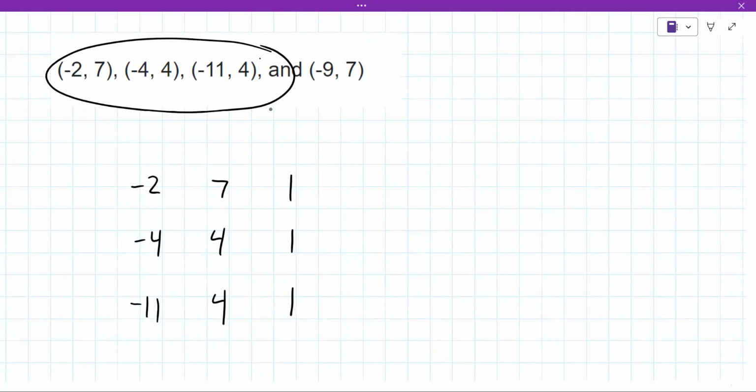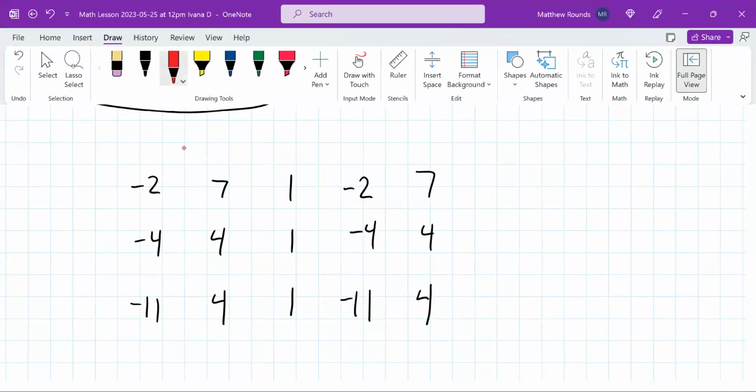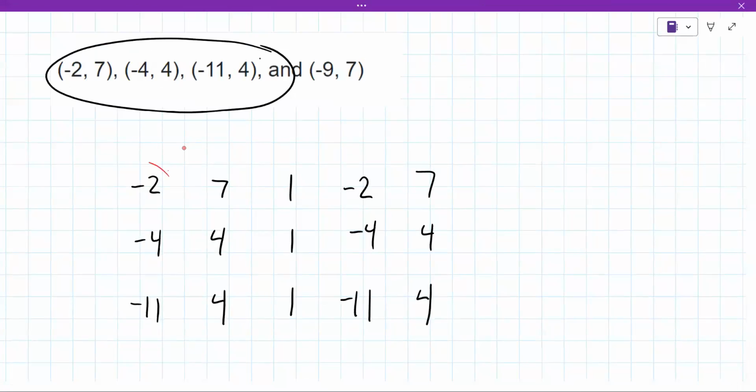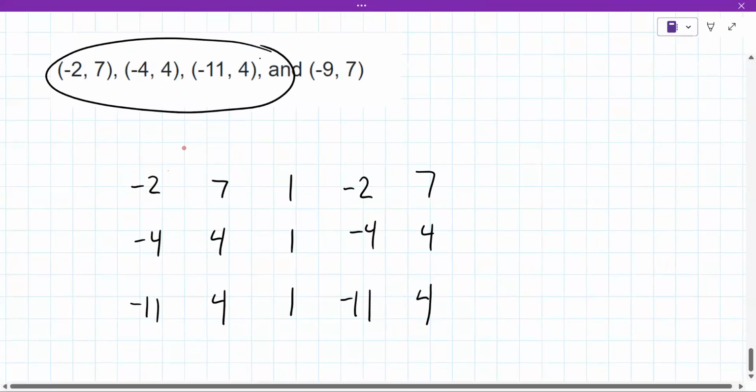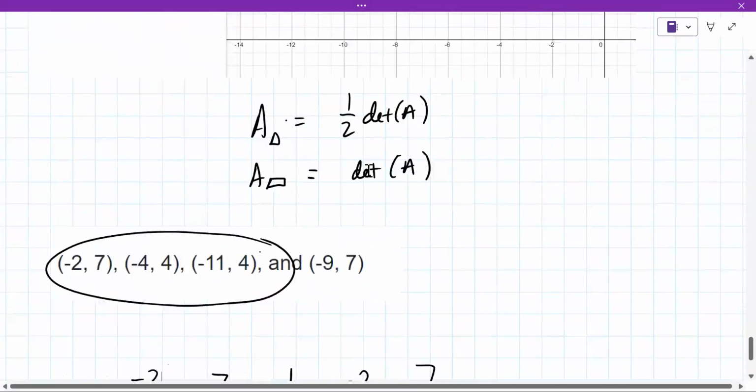All right, so then you rewrite the first column and you rewrite the second column. And just like we've been doing, you go diagonal. I think I've been going blue that way. Okay, sorry, blue.